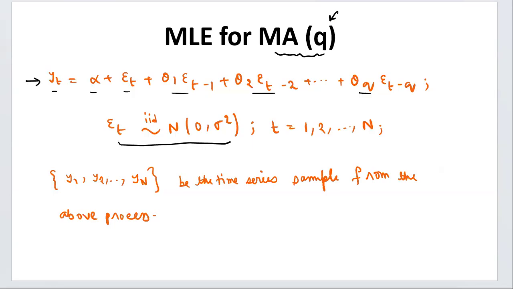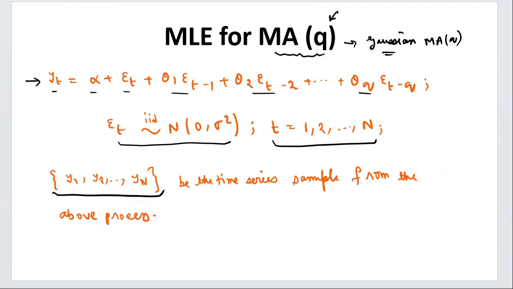So again, we are dealing with the Gaussian MAQ process, with t varying from 1 to n, and this time series sample is available to you.